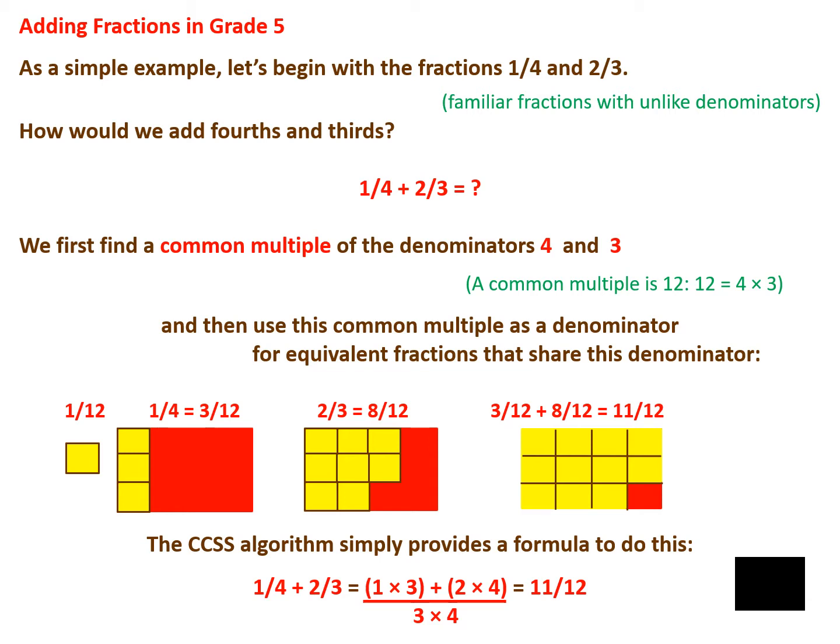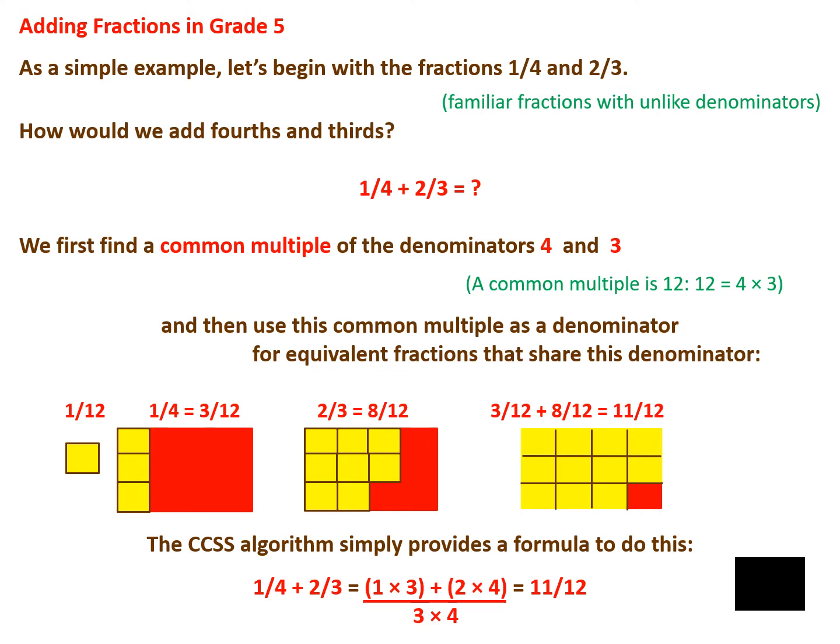Well, we would first find a common multiple of the denominators 4 and 3, and then use this common multiple as a denominator for equivalent fractions that share this denominator. We see that both fourths and thirds can be equivalent to fractions that have 12 as a denominator.